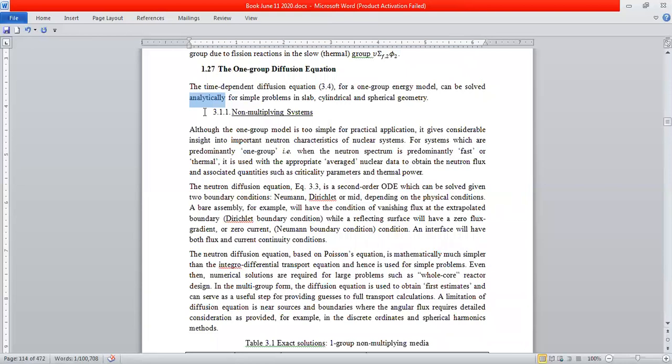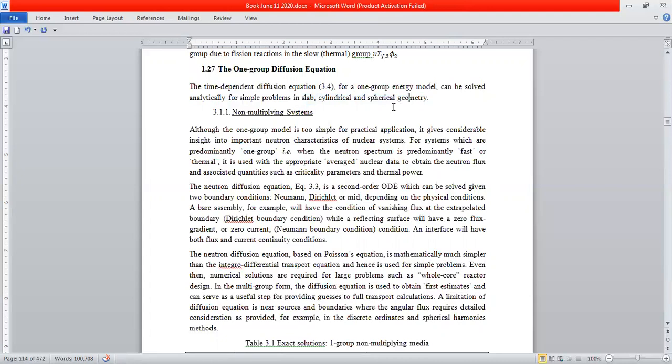I don't need any numerical method for it. But the problem with analytical methods is that they apply to what is called regular geometry. Now, if you look around you, you won't see a lot of regular geometry around you. You'll see things which are regular, but there are things which are not so regular also.